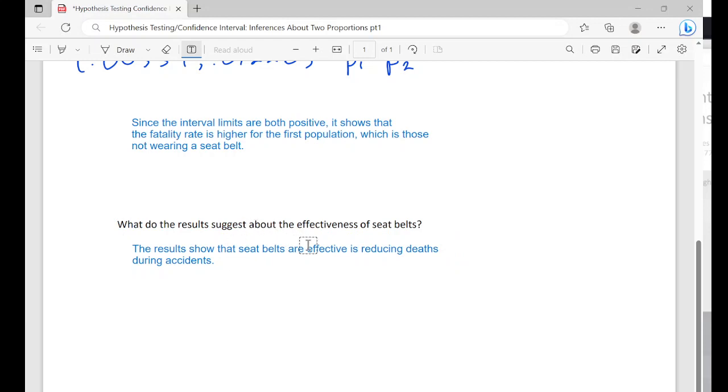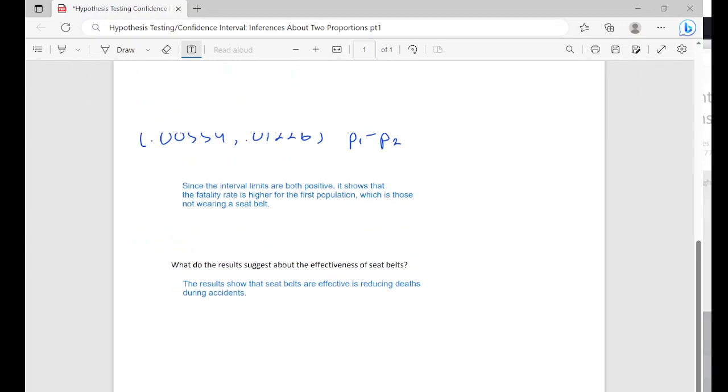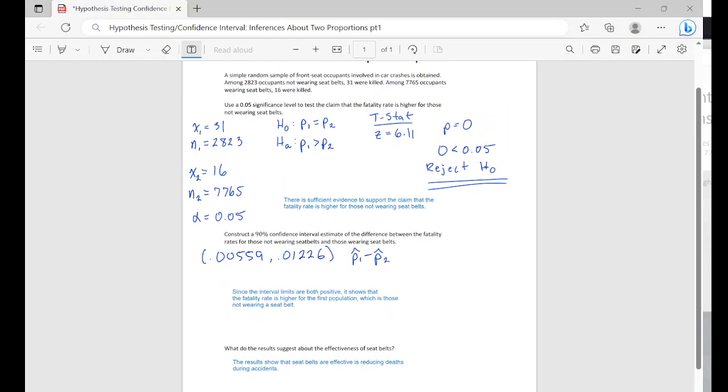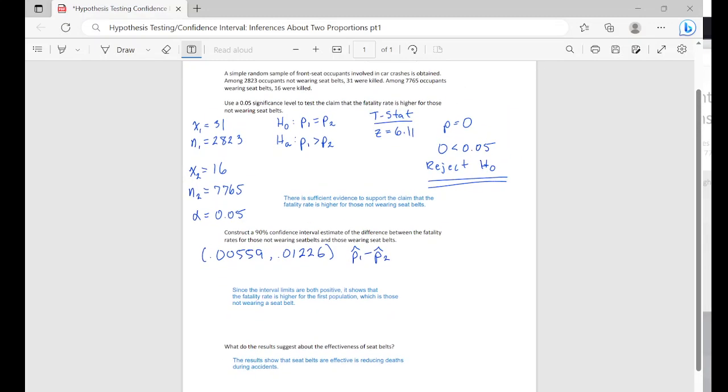So the results show that seatbelts are effective in reducing deaths during accidents because those who didn't wear seatbelts had a higher rate of dying. There we go.